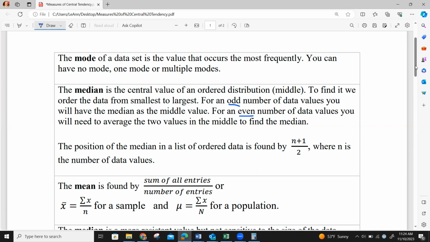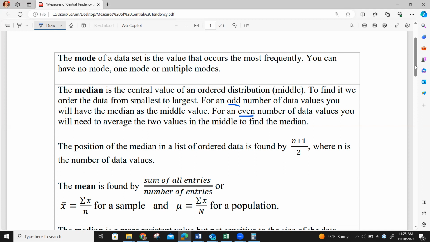So to find the middle, we're just looking for the midpoint between the two middle values. The position of the median, if you have a big list or a frequency table, I'll show you one of those in another video. To find the position of the median very quickly, you can take the number of items in your data set, which is n, plus 1 and divide it by 2.